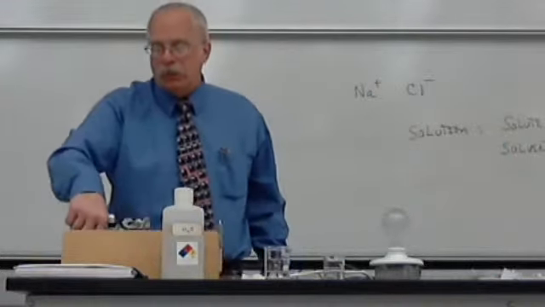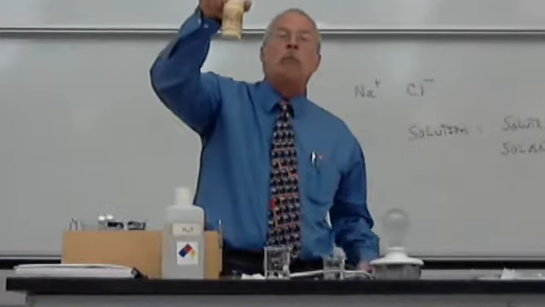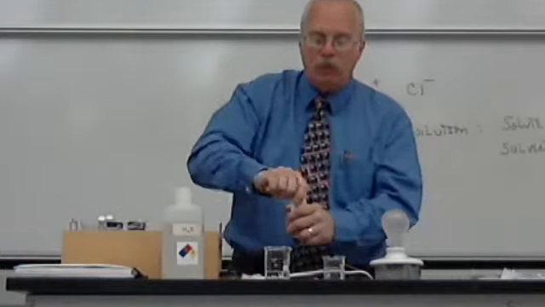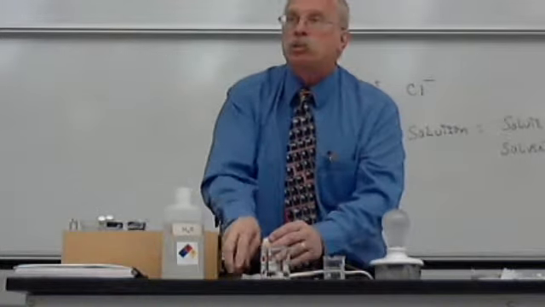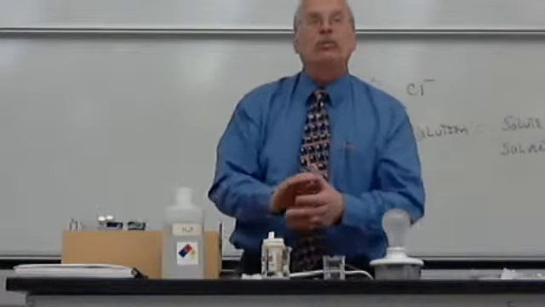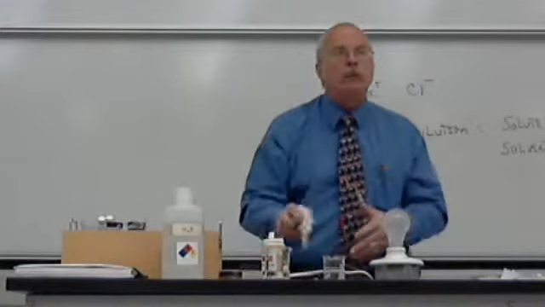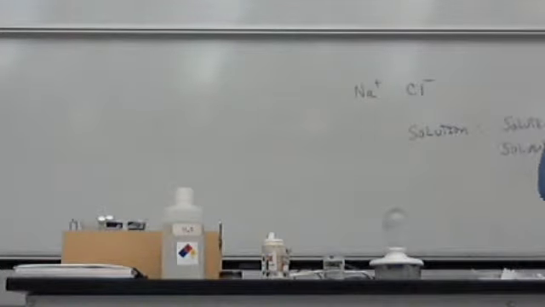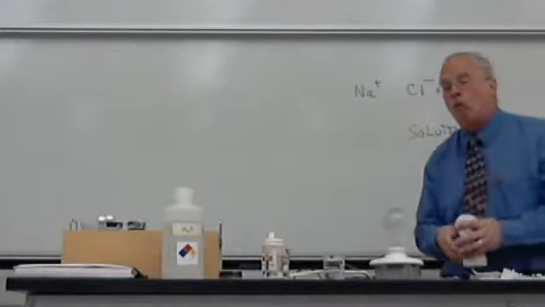This is a container that contains ammonia dissolved in water. It makes ammonium hydroxide. Now, it's a concentrated solution of ammonia. It's about 15 or 16 moles per liter. That's a lot of substance dissolved into the water.